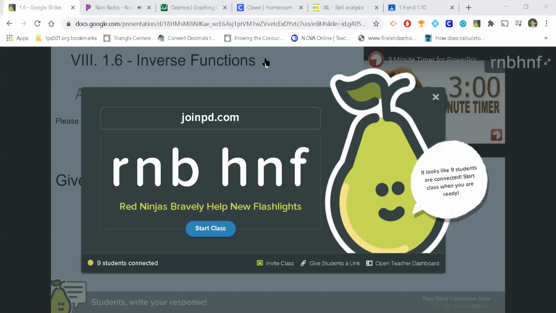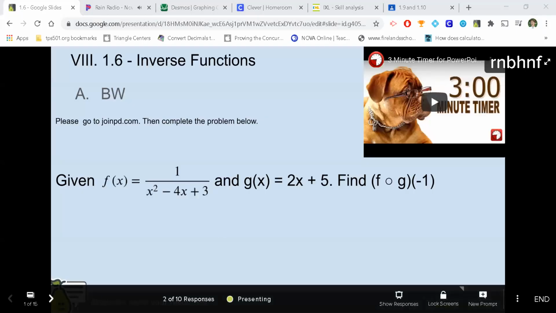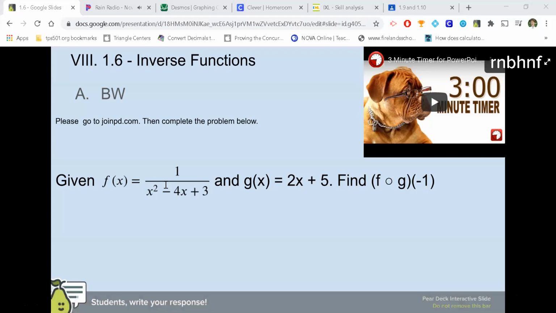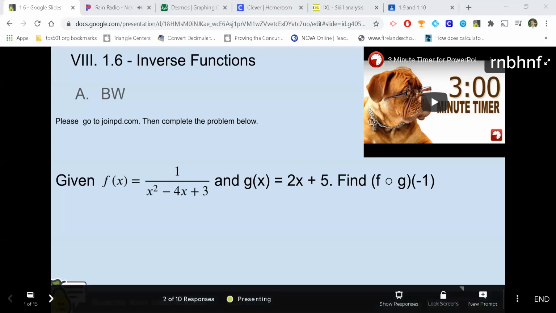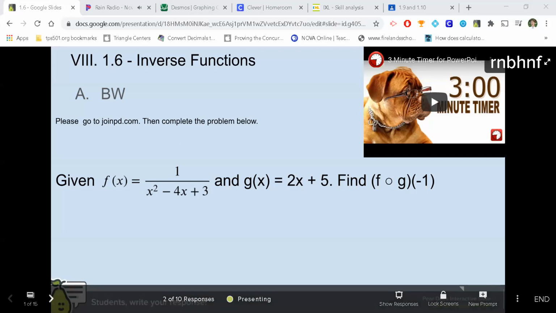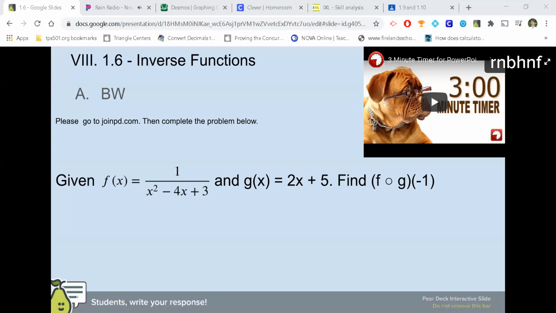Today we're going to do inverse functions. Okay.